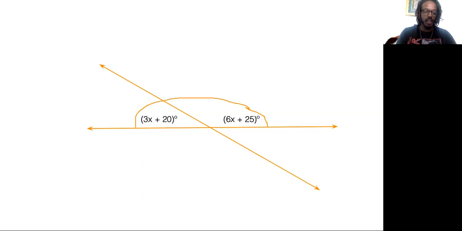So one way that I can do that is by saying 3x plus 20 plus 6x plus 25 equals 180.